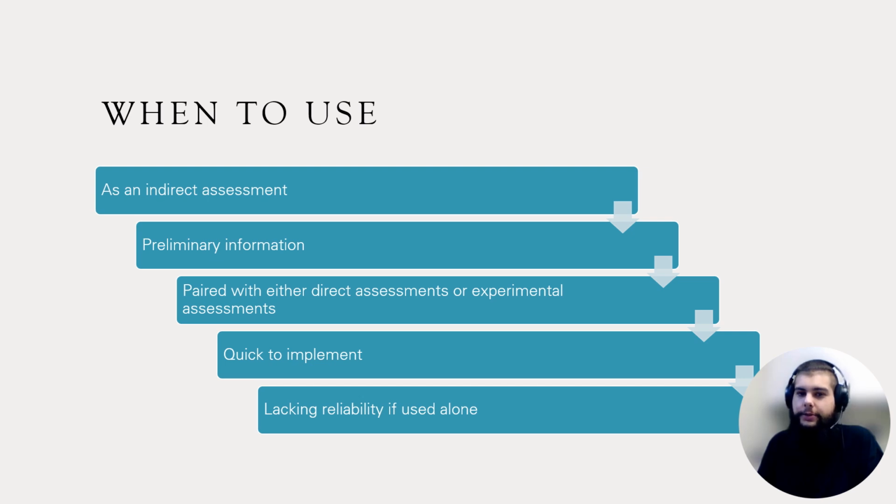The reason for using this assessment specifically is to help provide context and background information on the function of the behavior in question. This can then be added with either more indirect assessments, direct assessments, or experimental assessments to help you figure out the function of a behavior. This assessment is also very respectful of the informant's time, as it only takes around 10 to 15 minutes to implement, making it a very useful preliminary assessment.